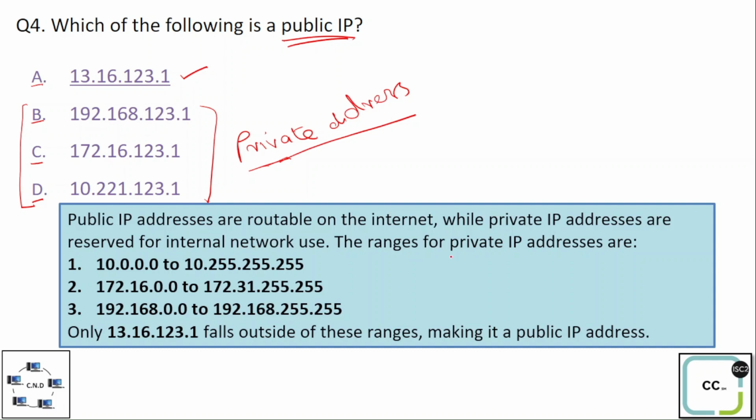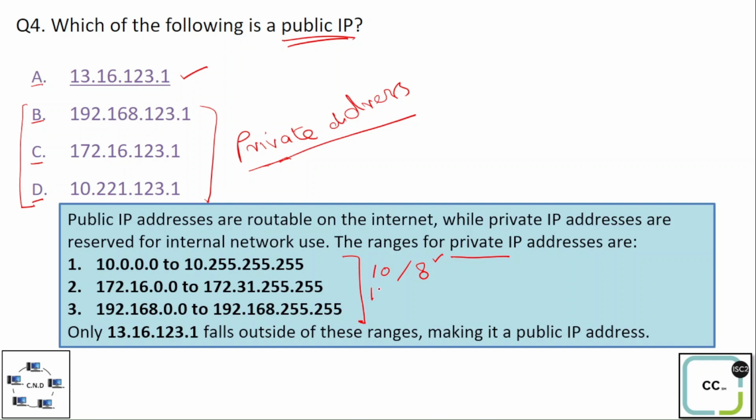The ranges for private IP addresses are, so these are three ranges for private IP addresses: 10.0.0.0 to 10.255.255.255. This can also be written as 10/8. Then 172.16.0.0 to 172.31.255.255.